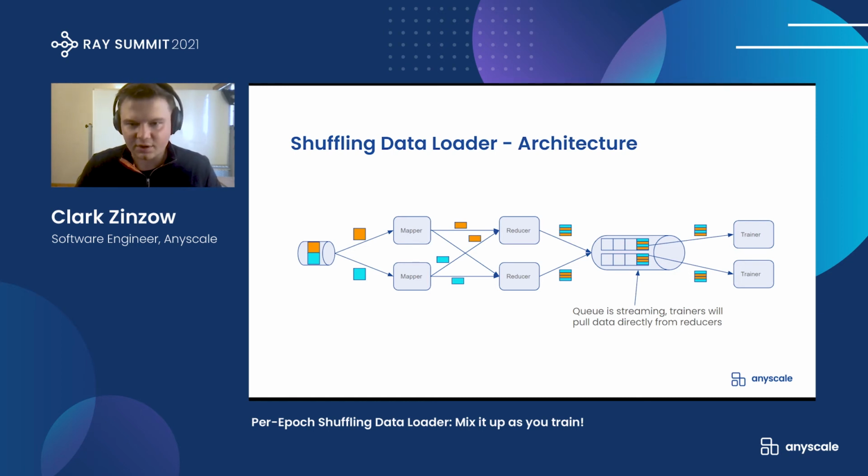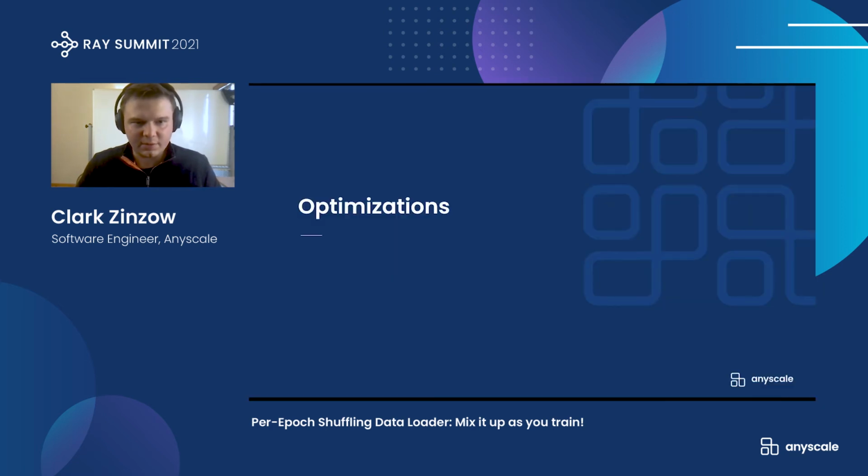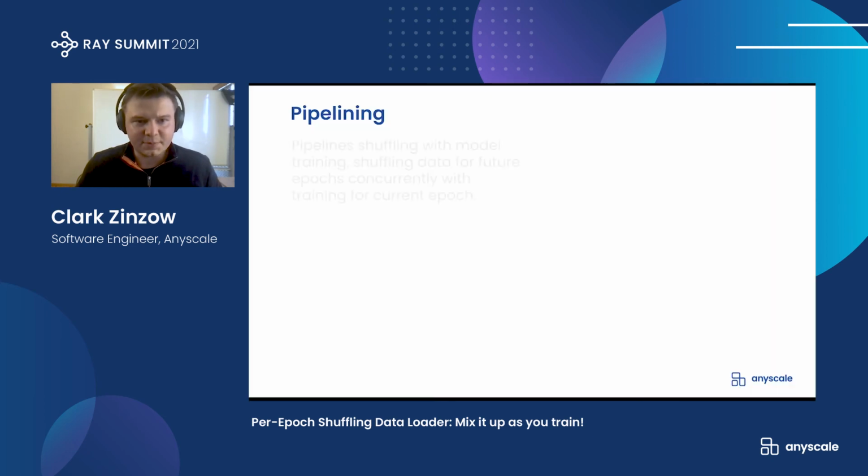The queue is just in charge of queuing up those references and also applying back pressure on the shuffler, which I'll talk about in a bit. We have a couple of key optimizations. We have pipelining, prefetching, and I'll hint at data locality. I'm not going to talk about that in this talk, but we're currently working on co-locating reducers with trainers to minimize data transfer.